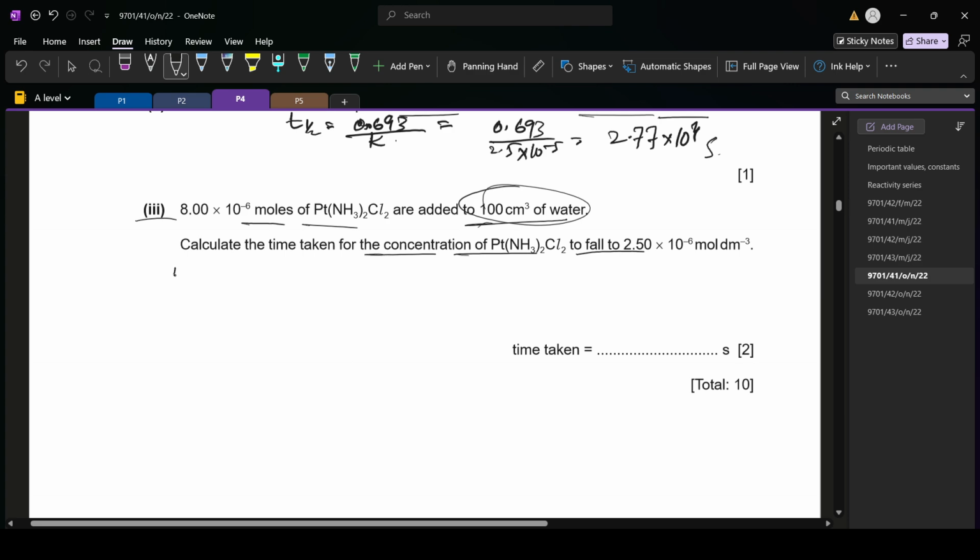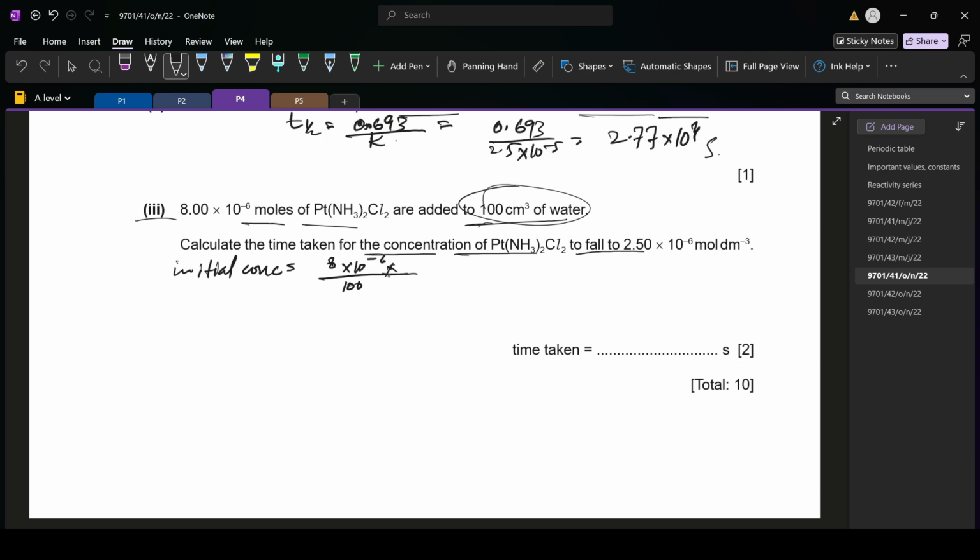Initial concentration is equal to mole divided by volume. The moles are given: 8 into 10 to the power minus 6 divided by 100, but you have to divide it by 1000 to make it into dm cube.